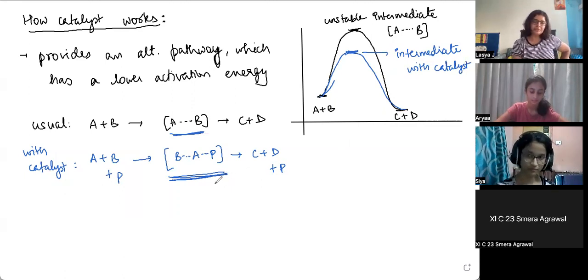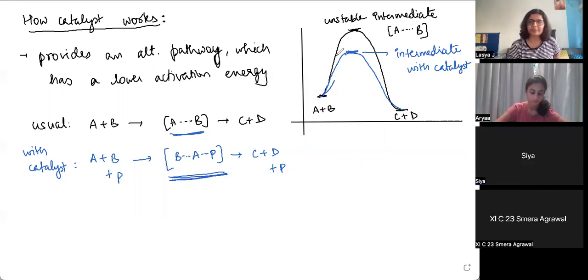Now, like any substance, there may be many different possibilities of forming intermediates and all. Now, all of them will not improve the reactions. Some of them may be higher energy, so it'll make the reaction slower. They may be of equal energy, in which case there won't be any change.